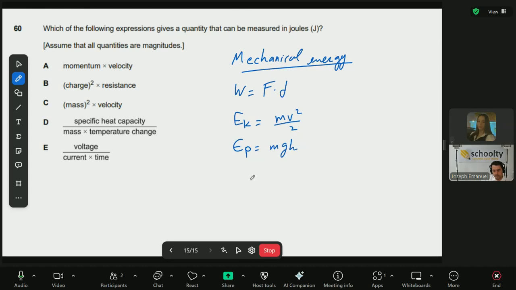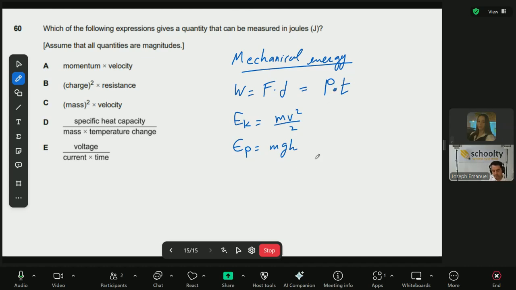Also energy or work can be power multiplied by time.